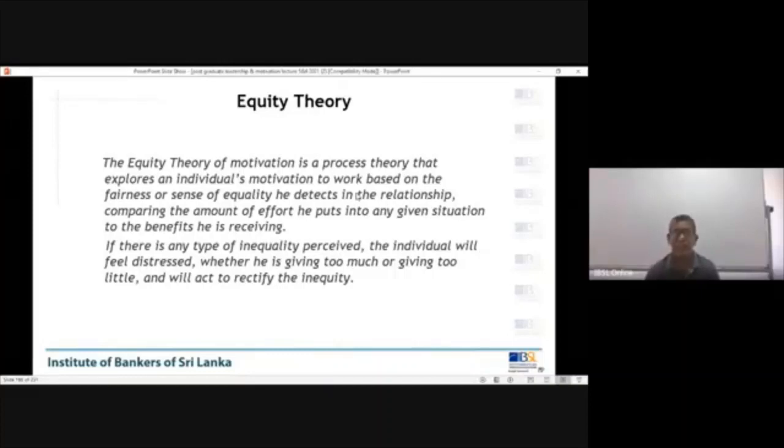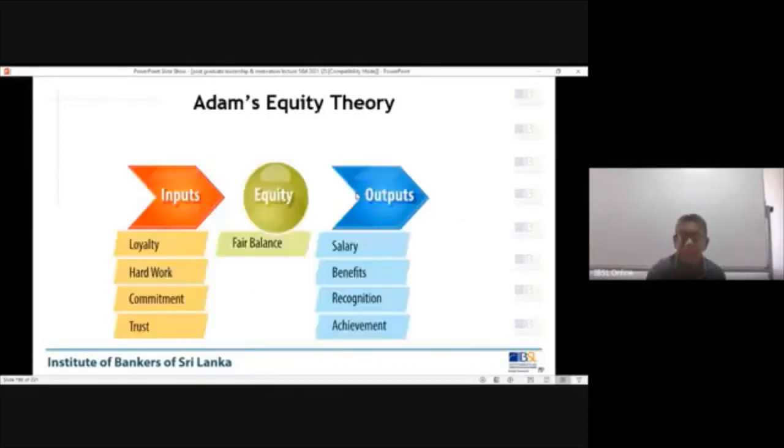That means, if you look at it in a more dramatic format, the input you put: loyalty, hard work, commitment, trust. Those are the things you put in. The output is salary, benefits, recognition, and achievements.